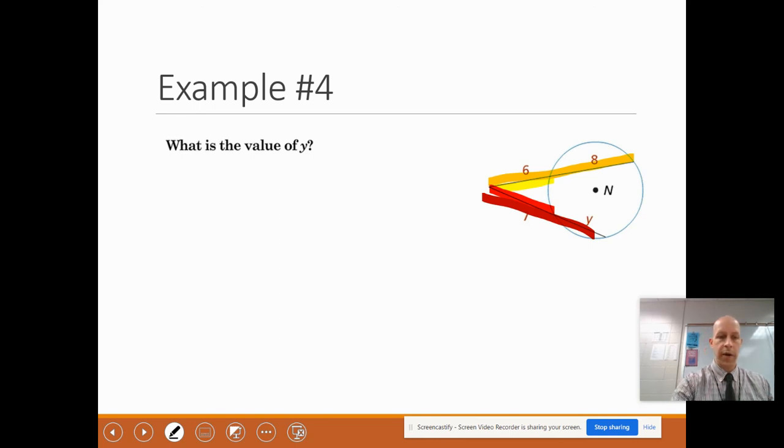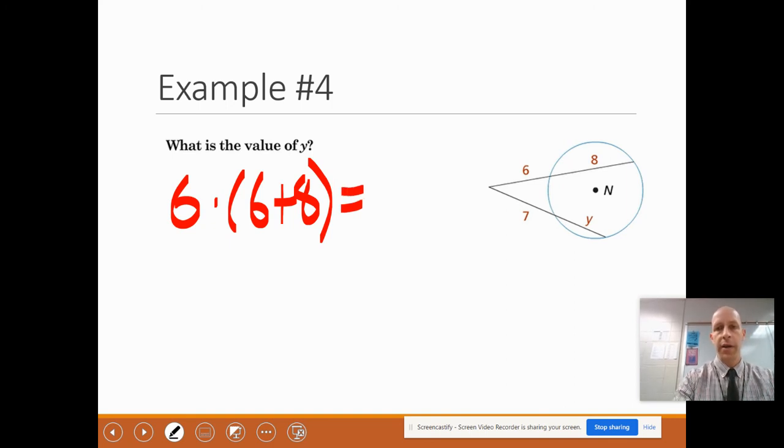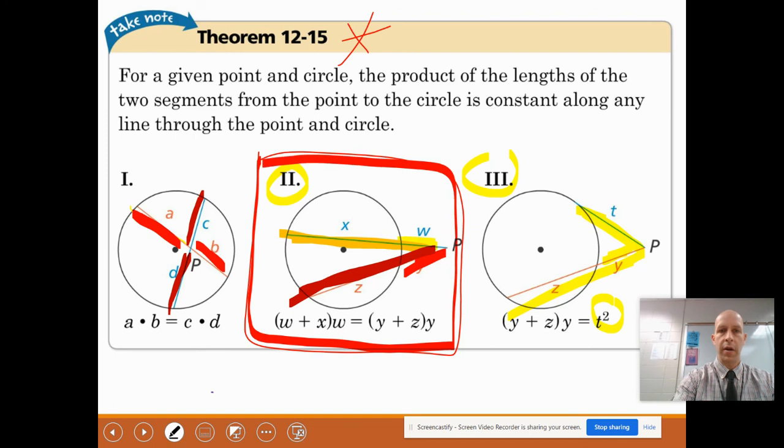Okay, so I'm going to erase that now. So here we go. 6 times 6 plus 8 is equal to 7 times 7 plus y. So this is this middle theorem.